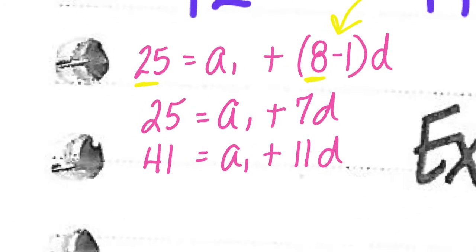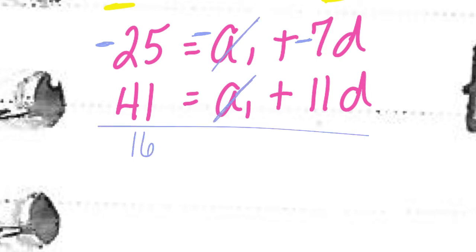So, good old Algebra 1 coming into play like it always does. I'm going to go ahead and change all the signs here. And I know that negative 25 plus 41 is 16. These a sub 1's will cancel out, which makes it so nice. And negative 7 plus 11d is equal to 4d. So you've already solved that the common difference is equal to 4.